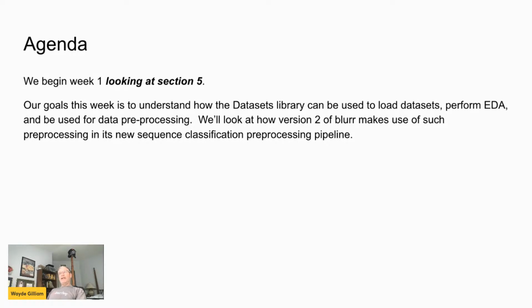Today we're going to be looking at datasets, and in particular how to load them, how they can be used to perform EDA, and how we can use them for data pre-processing.